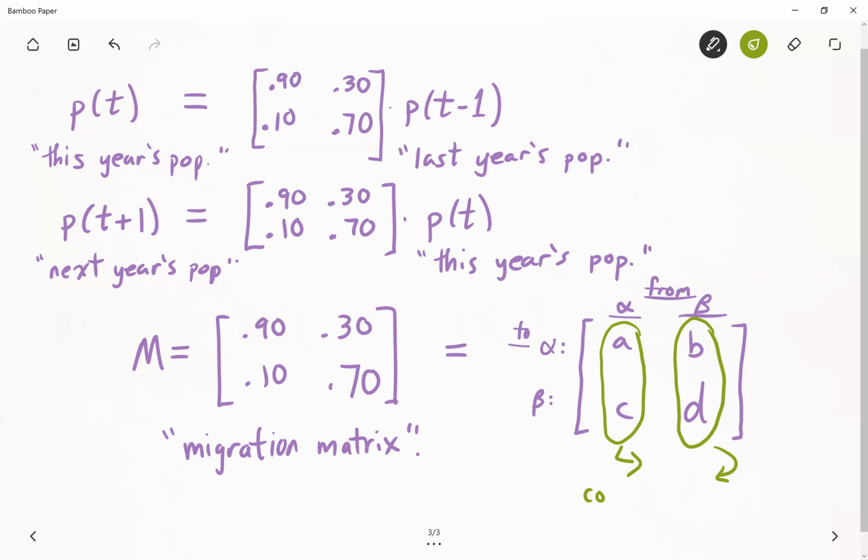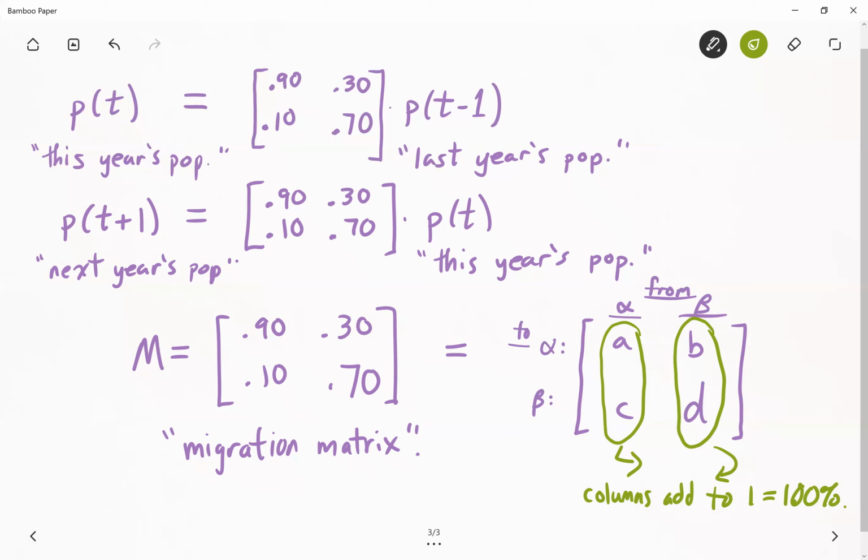Right, so the columns add to 100%. You can think of the number 1 as representing that. And so just something to notice when we write that out.